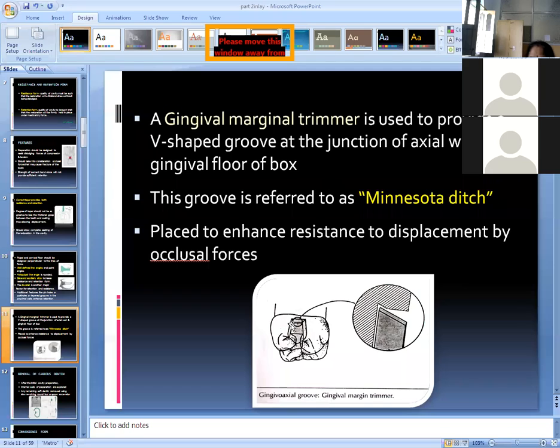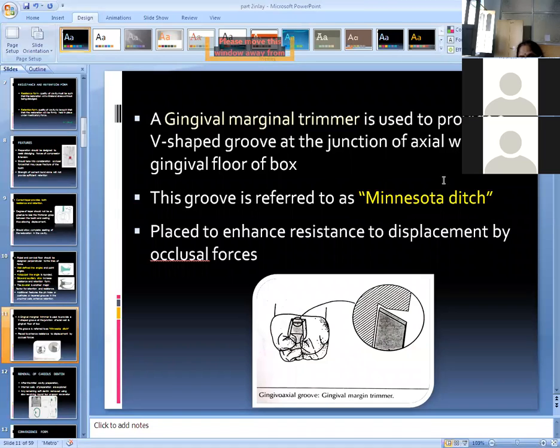It should start from the center of the tooth, right to left and left to right, going buccally as well as lingually from the center of the tooth. The V-shaped groove formed at the junction of the axial wall and gingival floor is called the Minnesota ditch.